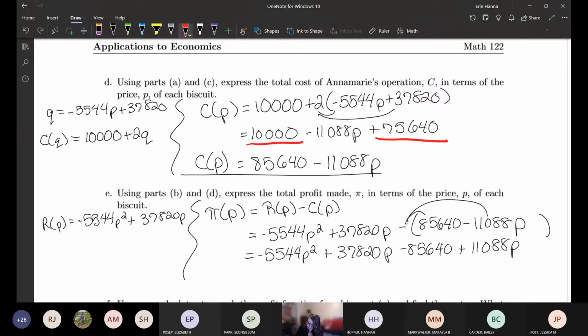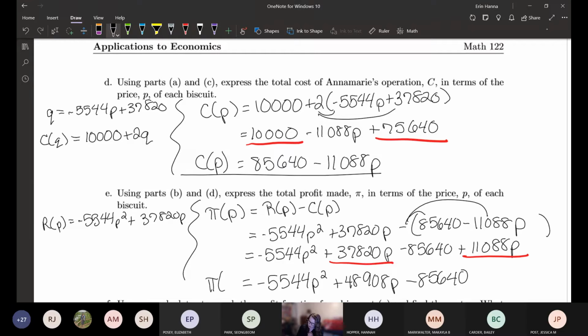And the only thing to combine together here is the values that both have just a singular P in them. Everything else needs to stay separate. So if we add those together, we will get 48,908 P minus 85,640 as our profit function.